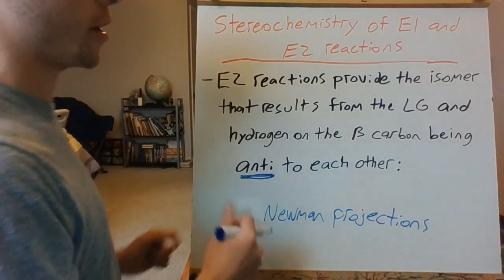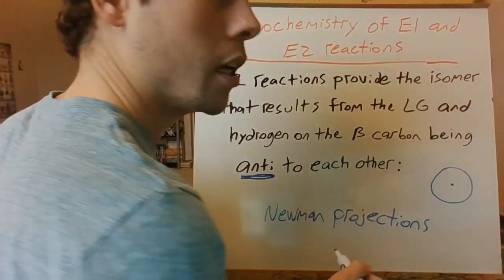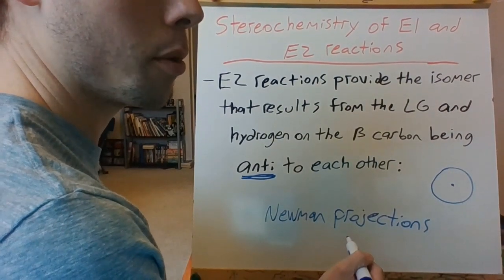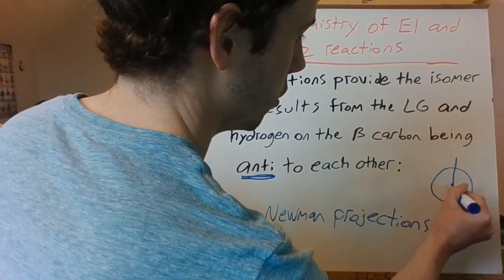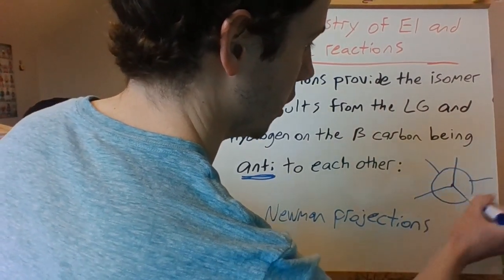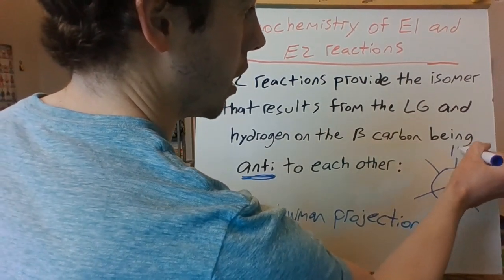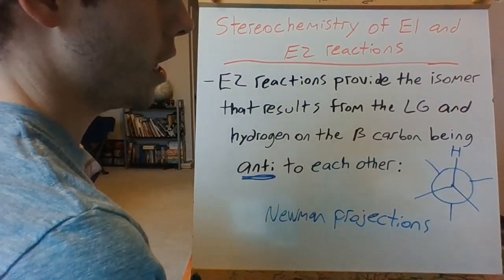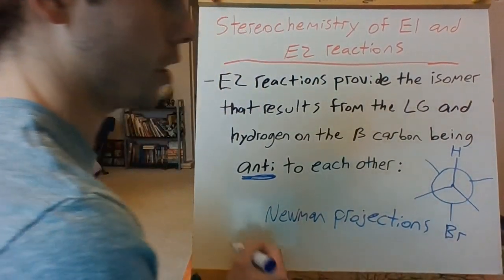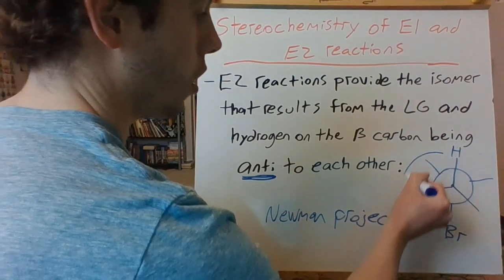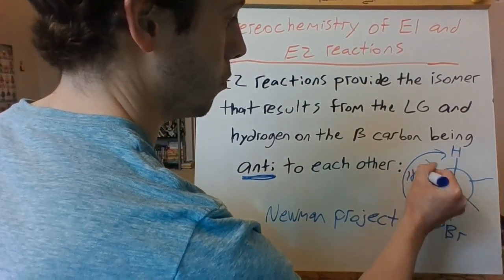So when did we talk about anti and Newman projections? Remember, a Newman projection looks something like this, where the dot is our front carbon, the circle is our back carbon, and then we have things coming off of those. So we draw lines that look like this. And remember that if we are talking about our hydrogen right here, it needs to be anti to our leaving group. And so it needs to have something like this, where they are 180 degrees apart from each other.